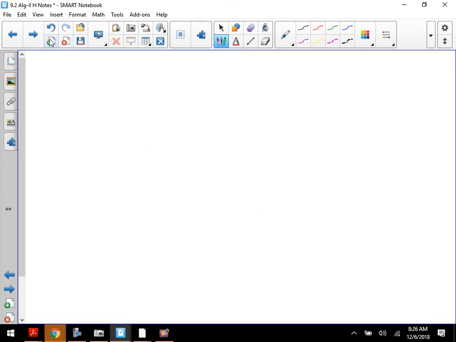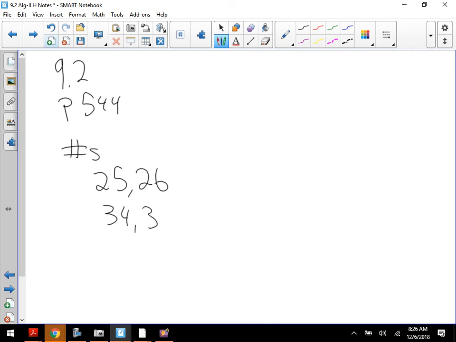All right, let's do these. So this is 9-2. When you plot these, asymptotes, write them down. 2 points on either side, so you should have 4 ordered pairs.